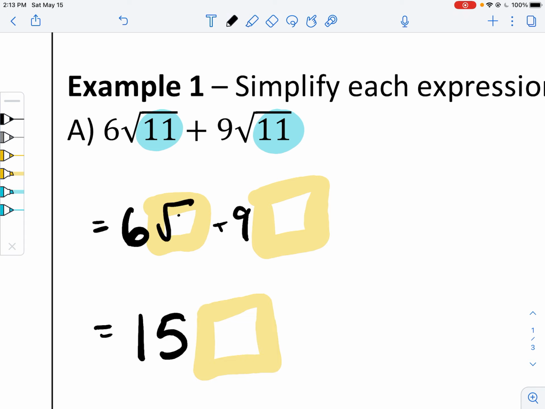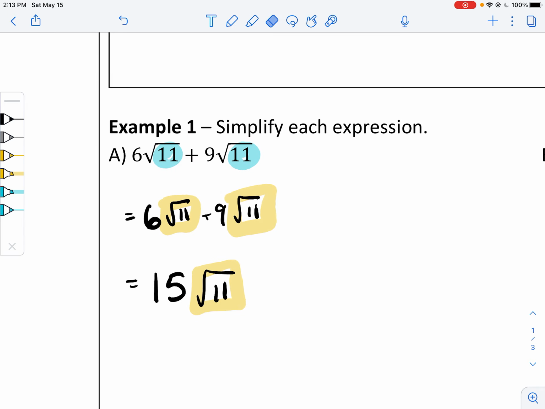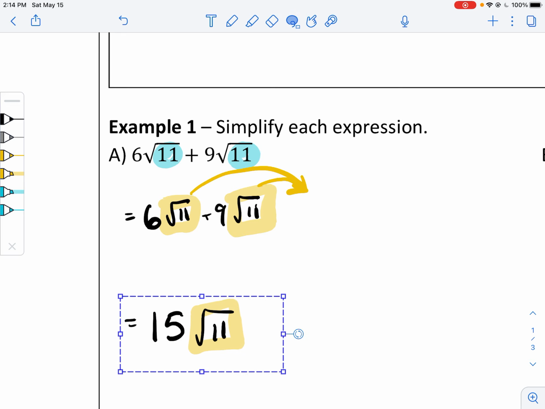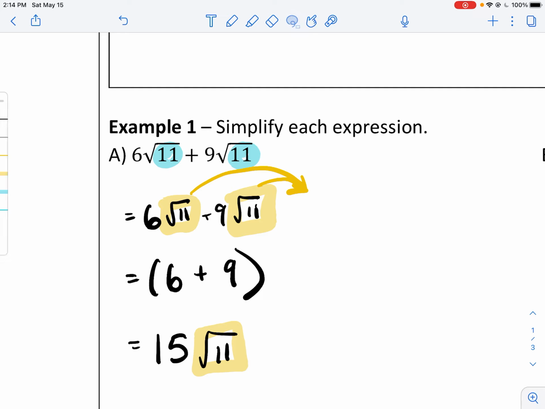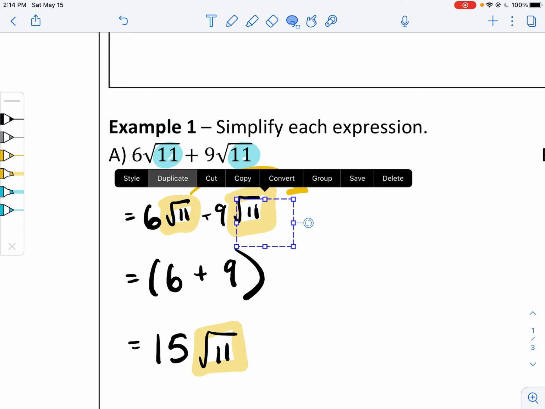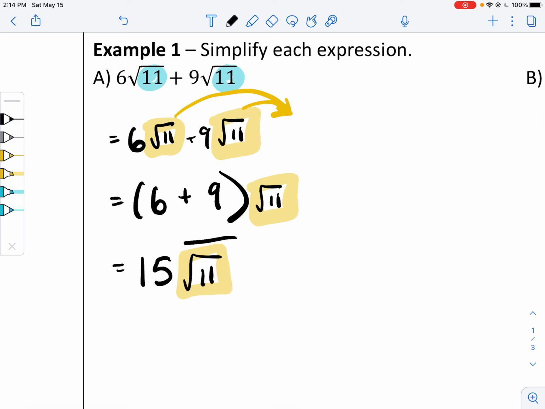So you have 6 rad 11 plus 9 rad 11 equals 15 rad 11. Another way to think about it is like you took this rad 11 and you distributed it out. So you're left with 6 plus 9, and then on the outside you've got a rad 11. 6 plus 9 is 15, so we're left with 15 rad 11.